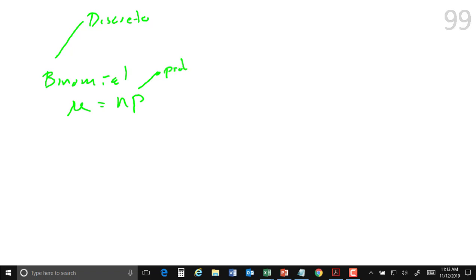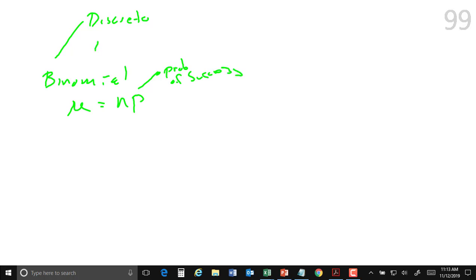Okay, so now in the continuous case, we had one more. Let's talk about one more over here that's very important. It was a discrete, and you can expect a question on this particular one. It's called a binomial. Now, it turns out that the mean for that is calculated as n times p, where p is the probability of success as we define it.